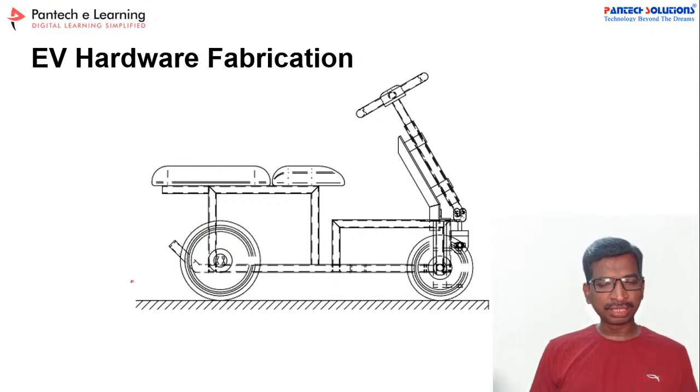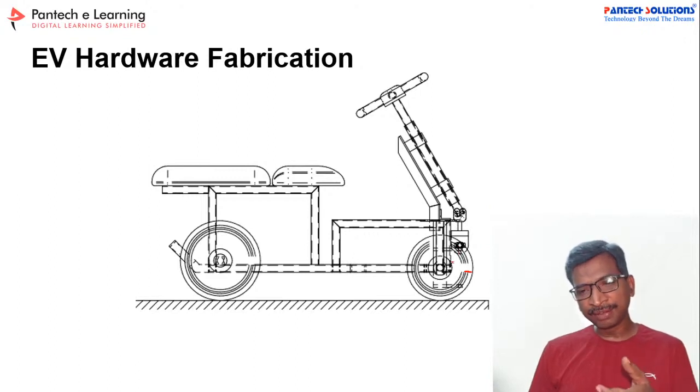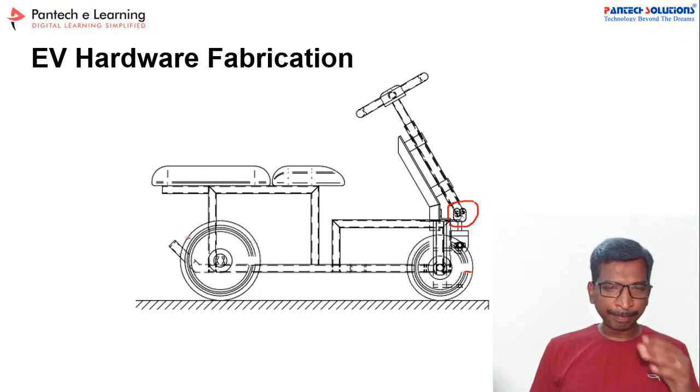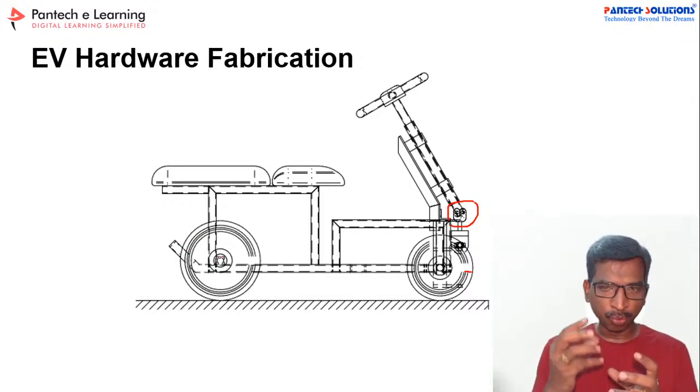This is a 12-inch diameter tire, and this is a 10-inch diameter tire, and this is the steering system. The steering system is connected with the differential drive, and a universal connector is used for this. On the back side of the wheel I'm going to keep my motor.